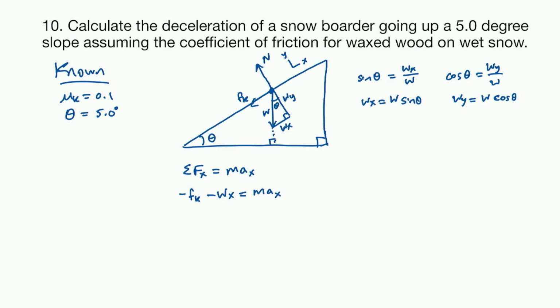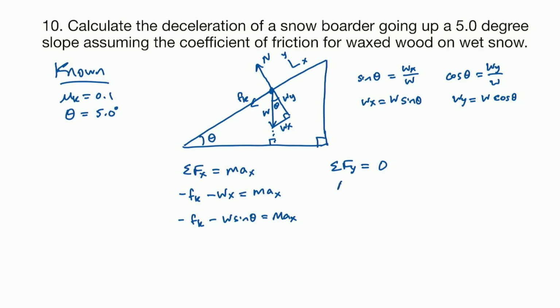Okay, we can put in for w x, and that is going to be minus w sine theta. Now we can sum our forces in the y direction. There isn't going to be any movement in the vertical for him on the slope, so this is going to be 0.